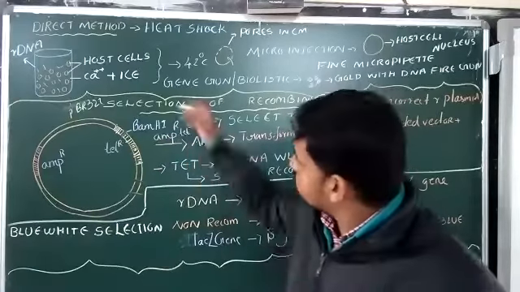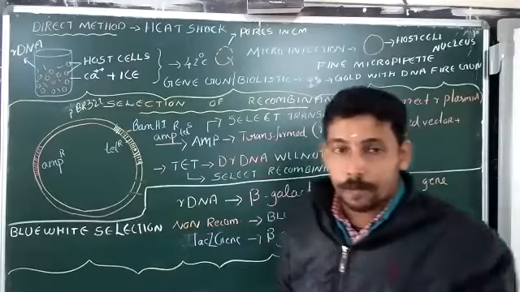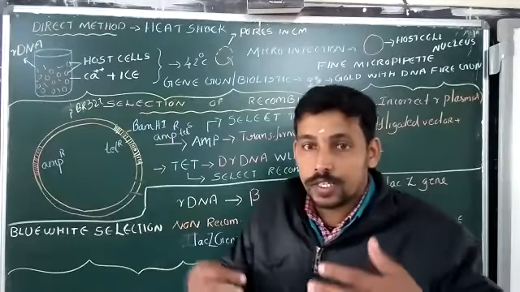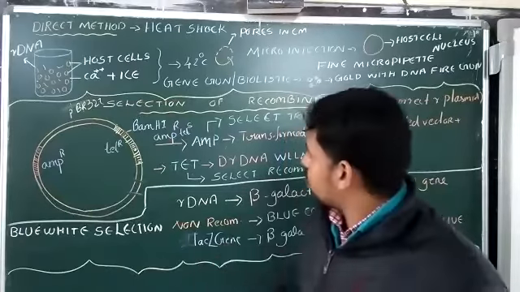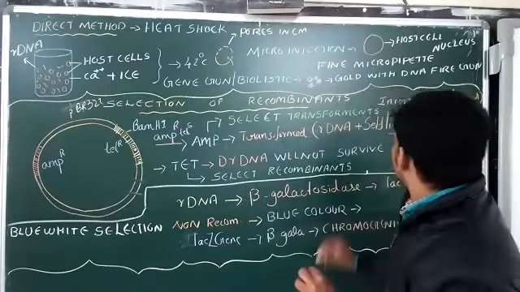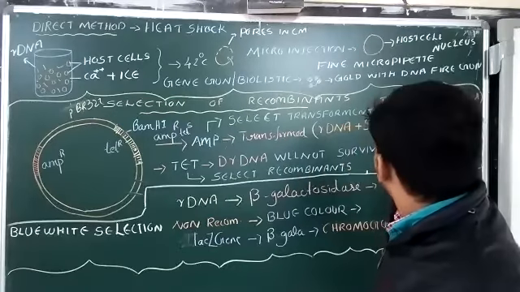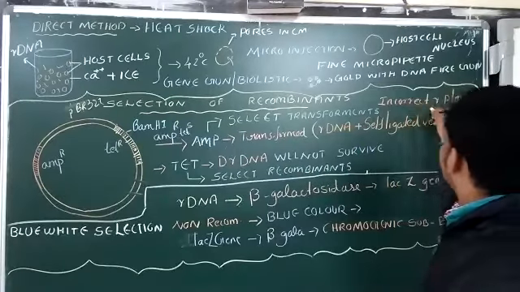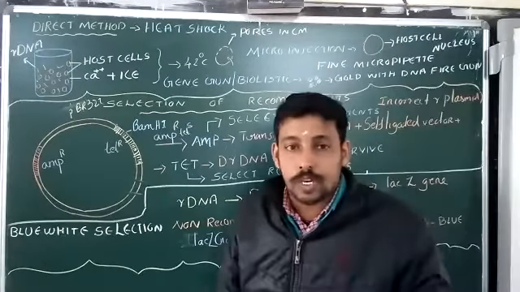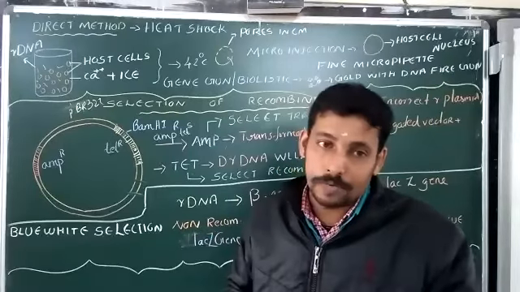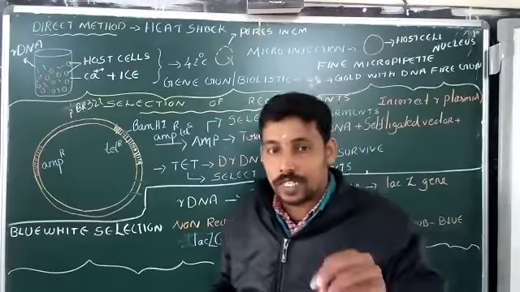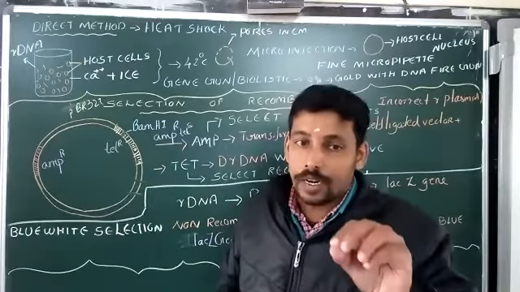Why? Because already another gene is there now. The foreign gene is there, so it will not survive. Then what about all others? That is self-ligated vector, incorrect recombinant plasmid. All these will survive. Okay, so in that way we can select the recombinant DNA.